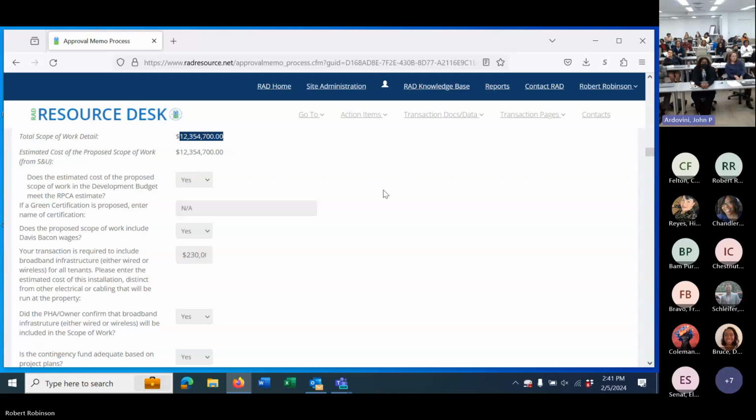It has an auto function where it pulls from the Excel file and populates the resource desk with it. So that section is all the way in the bottom where you perform that, and then it summarizes and brings it up here. If these two numbers do not match, what the PHA entered and what you uploaded, then you have to work with the PHA to make sure that it's reconciled.